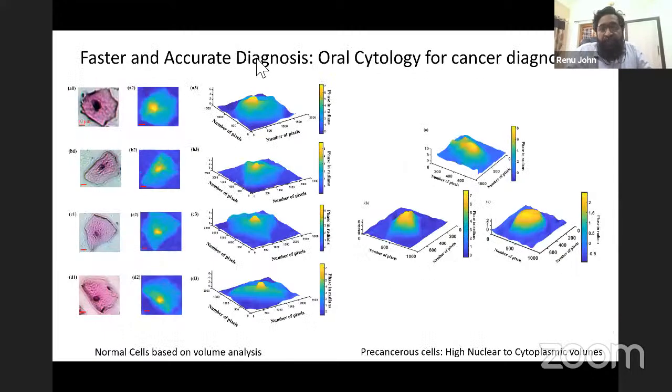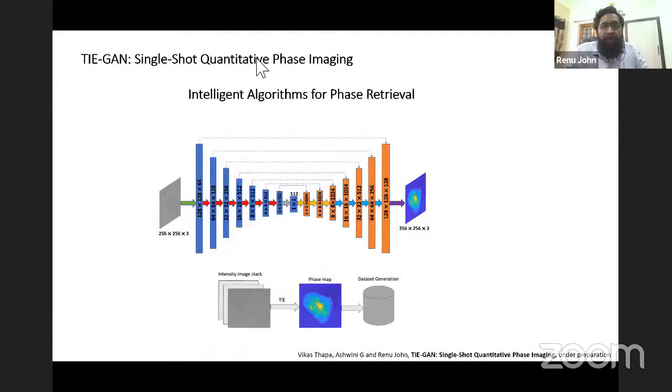We did the same for oral cytology and pap smear applications, and this was the GAN network used for reconstruction of phase from a regular hologram without having to do the traditional reconstruction.